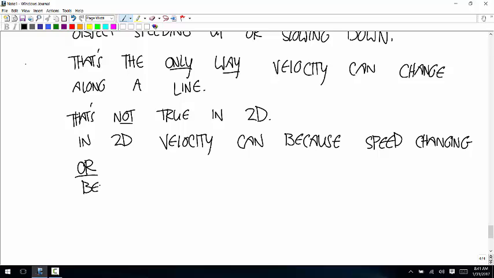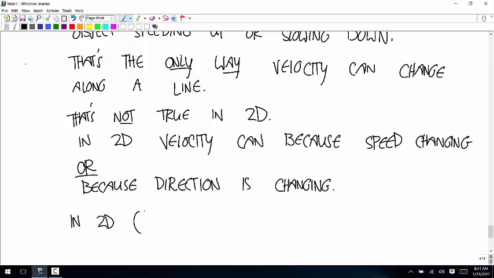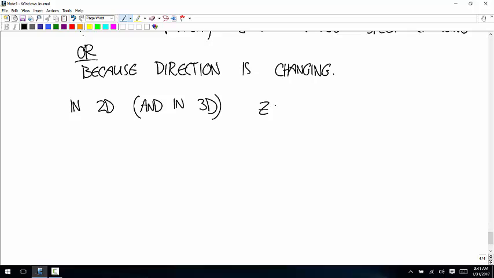In motion along a line, there's no such thing as direction change. And so in 2D and in 3D, we're not going to do calculations in 3D, but we live in 3D, the only way you have zero acceleration is when you have motion with a constant speed moving in a straight line.